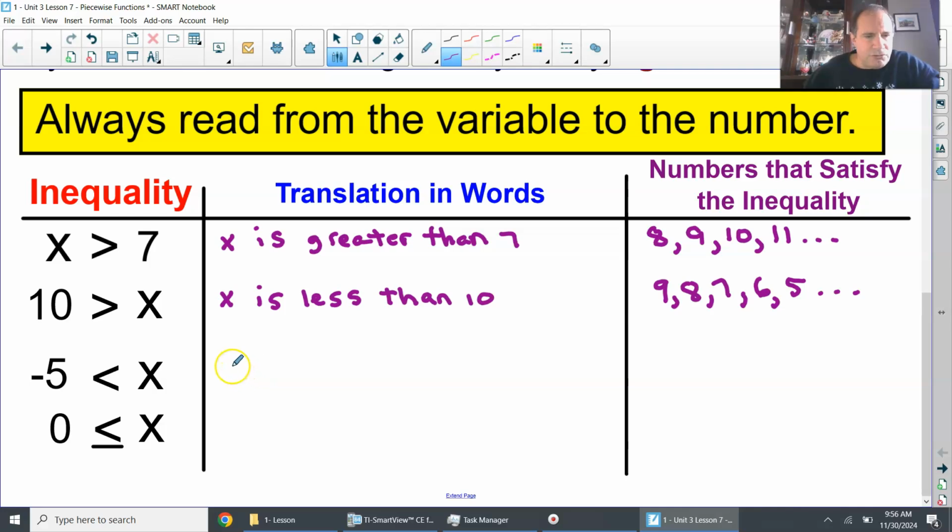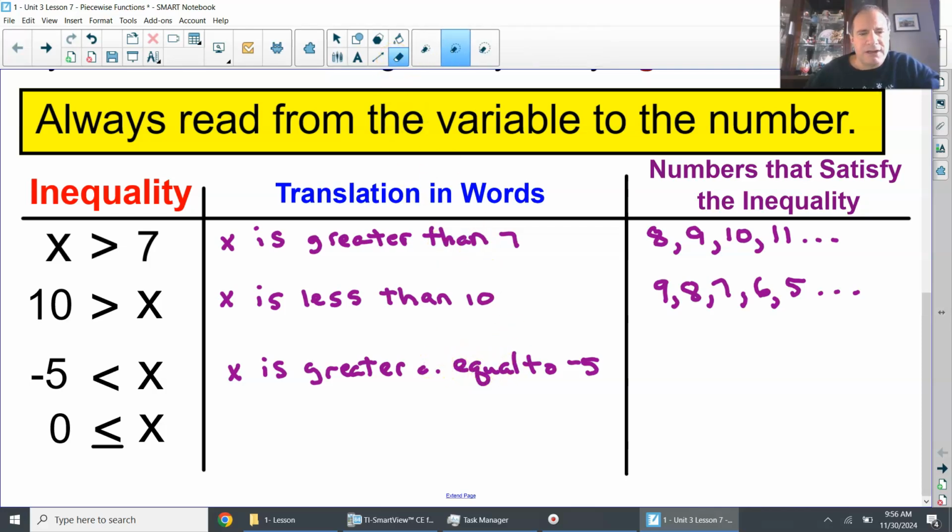X is greater than or equal to -5. Greater than, I'm sorry, not greater than or equal to. I thought I saw a line under there. Just greater than -5.